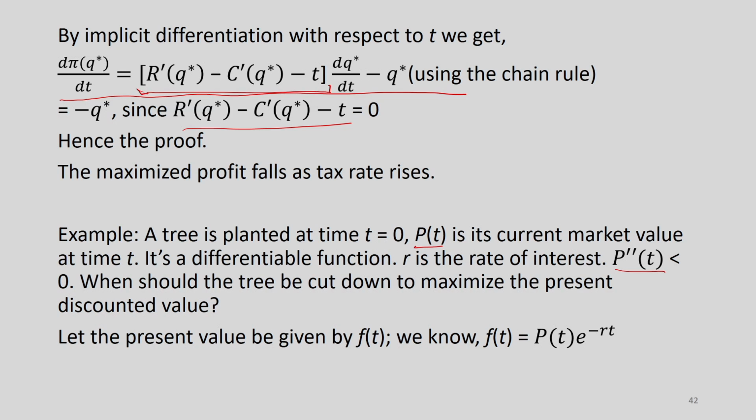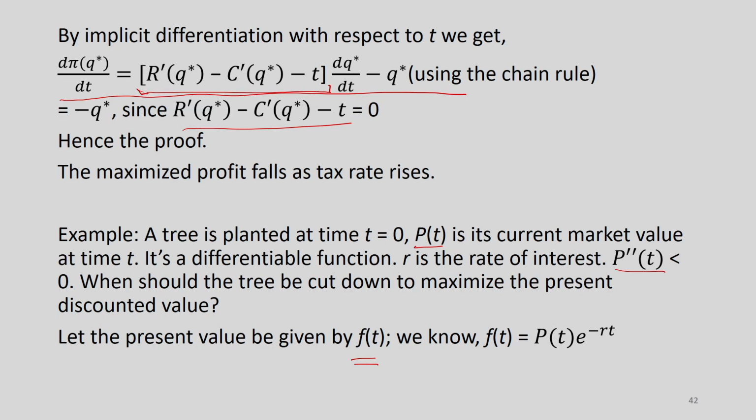We have talked about present discounted value previously. Now we are going to apply that, and we shall see that we are going to be using the second order condition as well. Let us suppose that F(t) denotes the present discounted value of the tree.